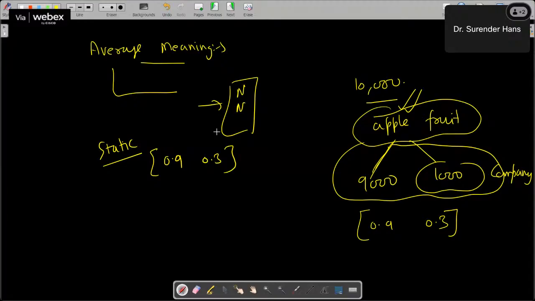Let me explain this through an example. Suppose I am creating a small NLP application where the job is to translate a sentence from English to, let's say, Hindi.